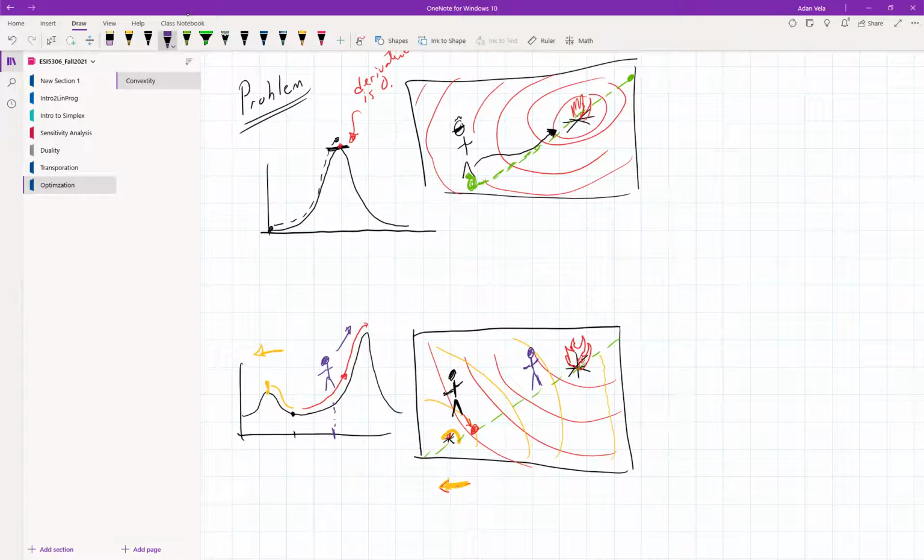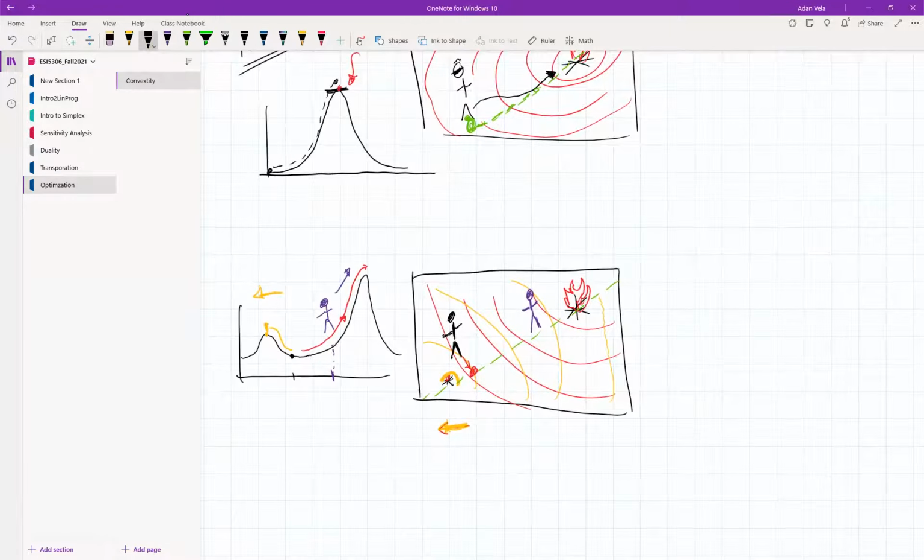Okay. And so this is a big problem in optimization when we have multiple local optimums. Okay. So this is bad. If we have multiple local optimums, it's hard to figure out where the global optimum is.